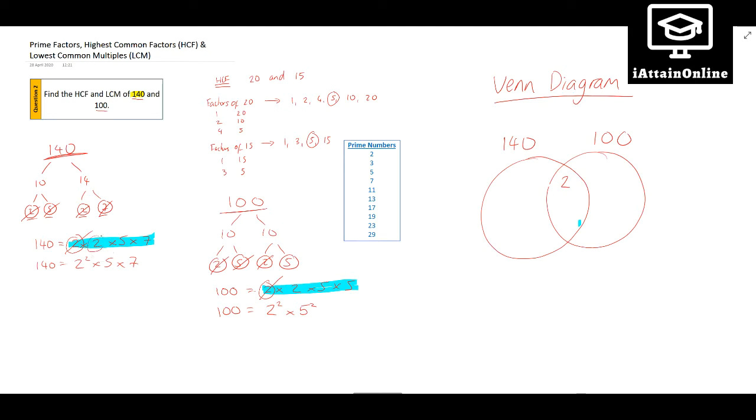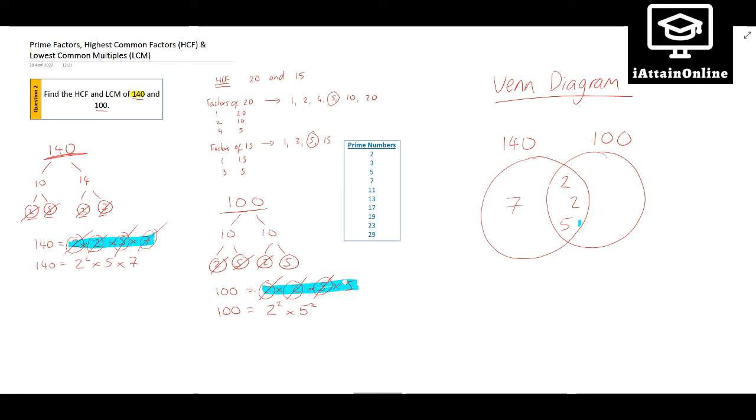We've got another 2 that's common in both of them. So I'm going to write it in again, but only once. I also have a 5 that's common to both, so I write that in the middle once. Okay, now the 7 that's left over for the 140 is only a prime factor of 140, so I'm going to write that there.